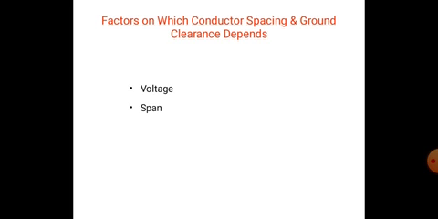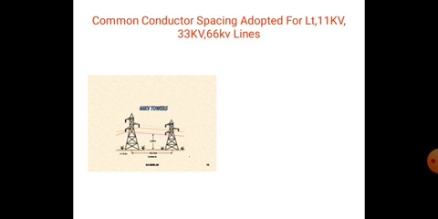The conductor spacing is decided not only by mechanical factors such as span, weight of the conductor and wind direction. As already discussed, the conductor spacing depends on different voltages, span, weight of the conductor and sag.